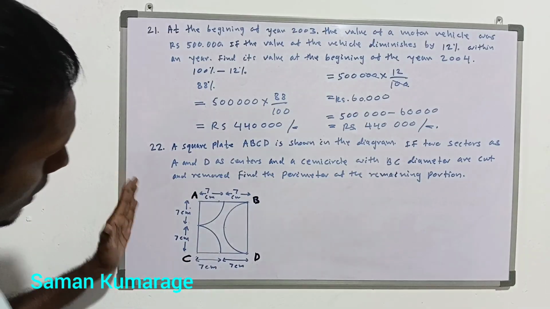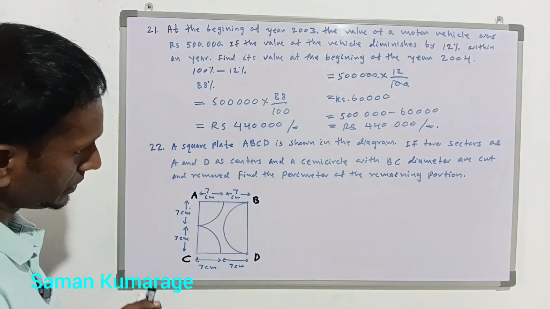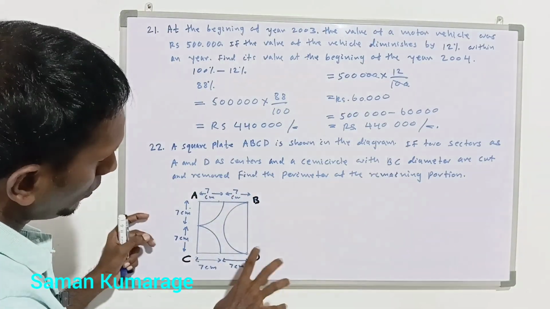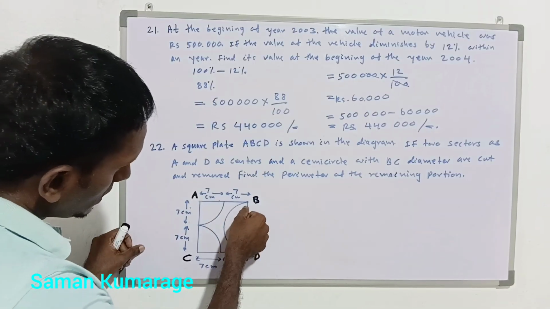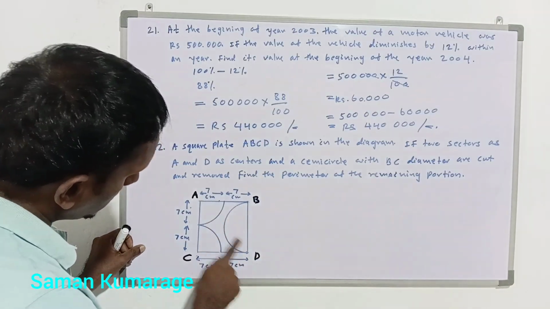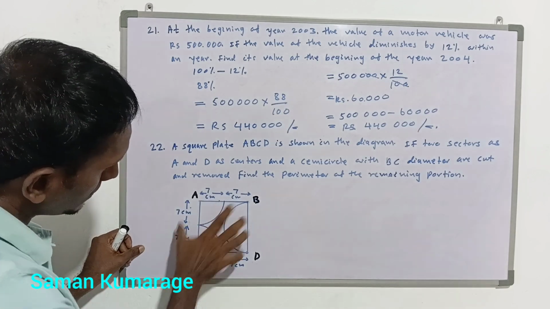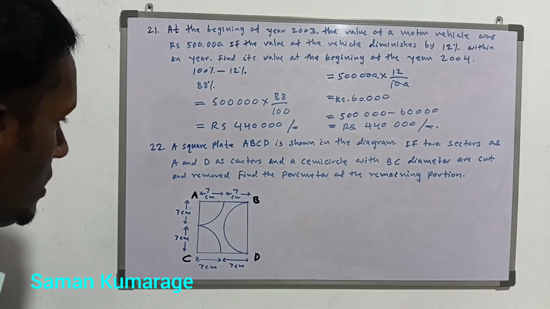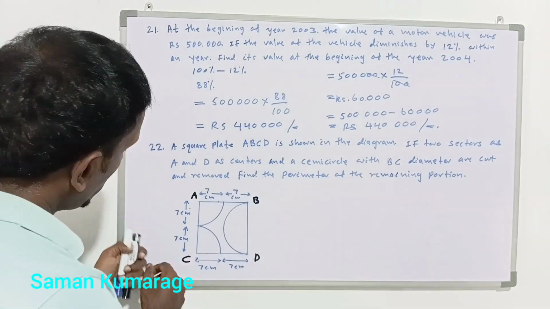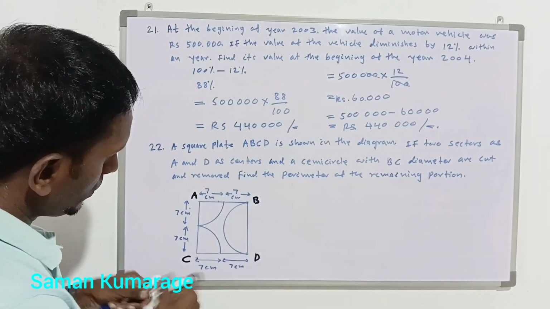Read again. They have given a square plate and also they have removed this semicircular part and these two sectors from this plate, and they are asking us to find the perimeter of the remaining portion.